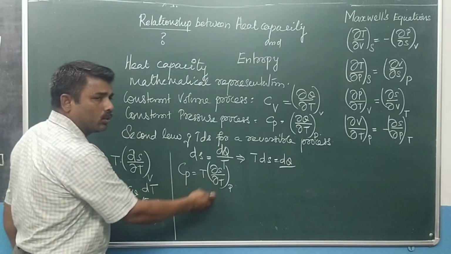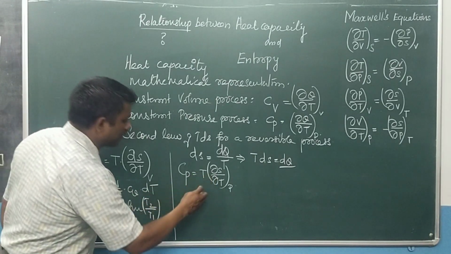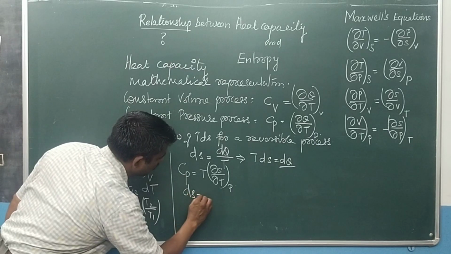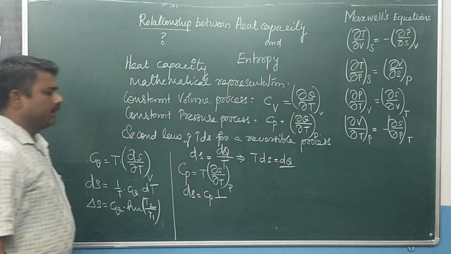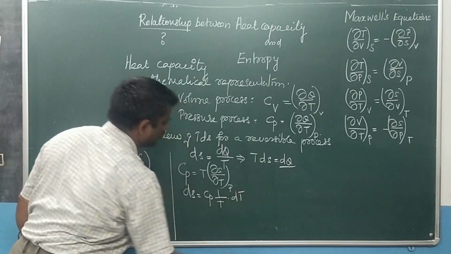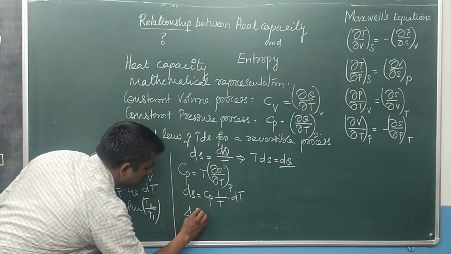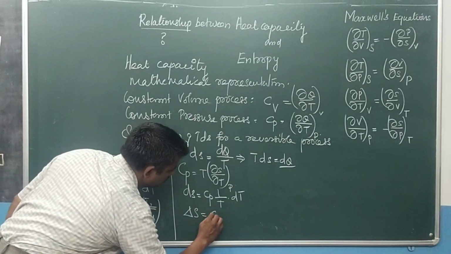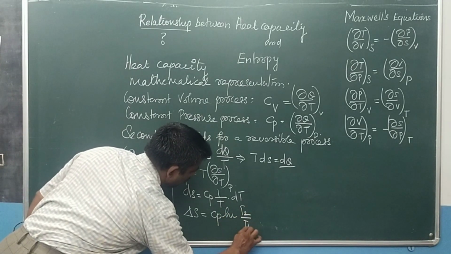Similarly, for the constant pressure process, dS is equal to Cp into 1 by T into dT. Clear? Finally, the change in entropy is equal to Cp into ln T2 by T1.